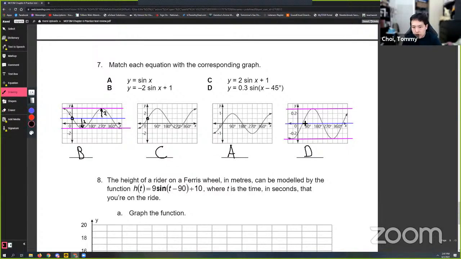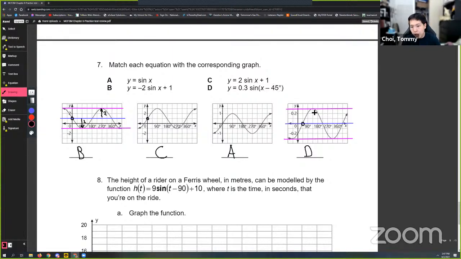Once we have that down, this is our starting point, which is x equals 45. So it starts at 45 to the right. So it would be a phase shift of 45 to the right.